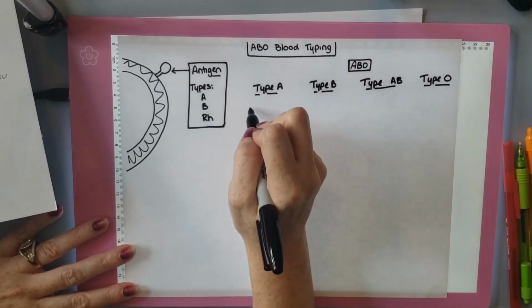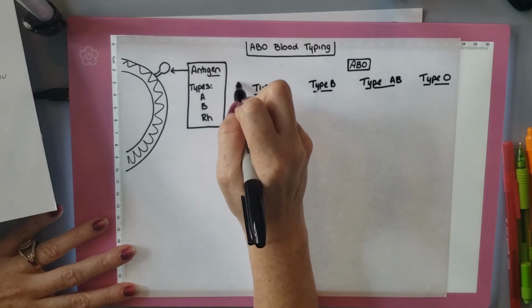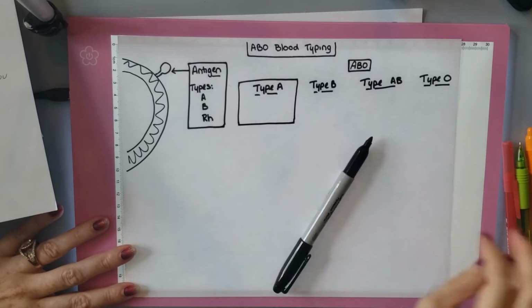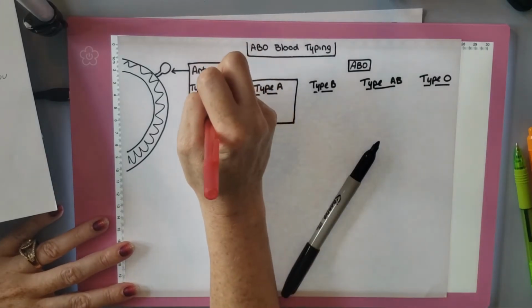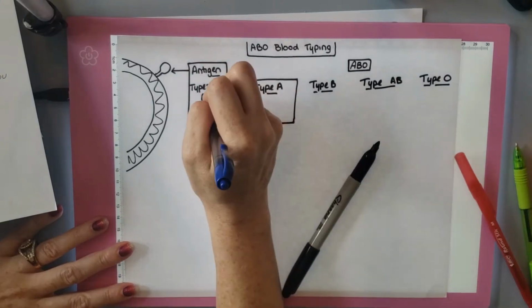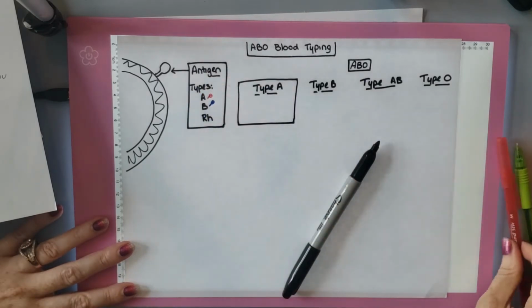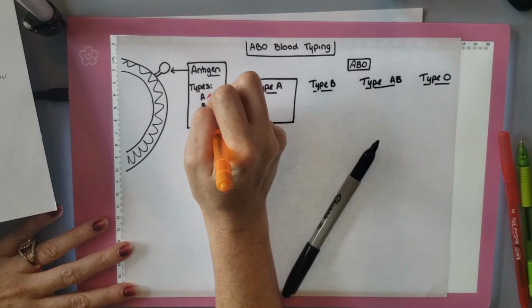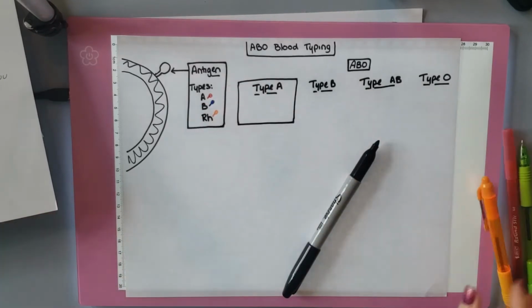Type A will have a cell that looks like this. We're going to say this antigen is A, and give me a different color. B, this antigen will be B, and RH will be orange, because RH sounds like orange.